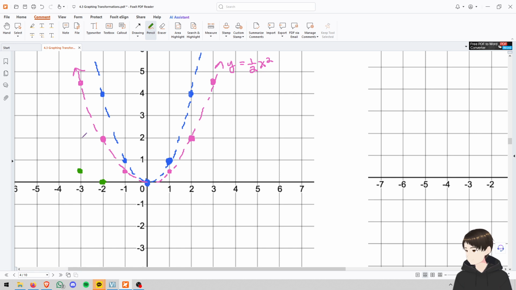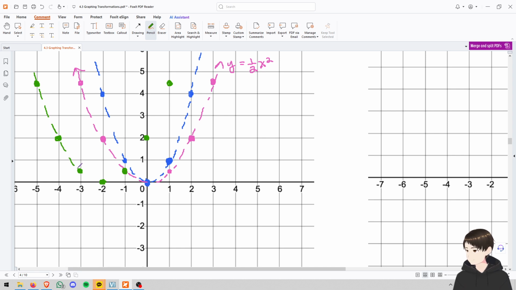That pink, 1, 2. And that pink, 1, 2. All right. With your newly drawn points, see if you can draw a nice curve.